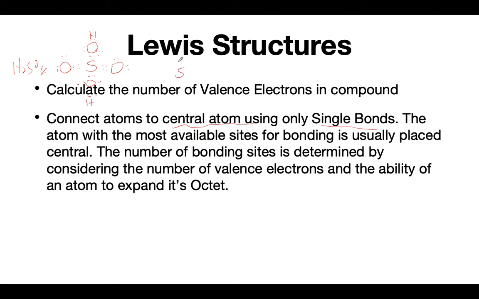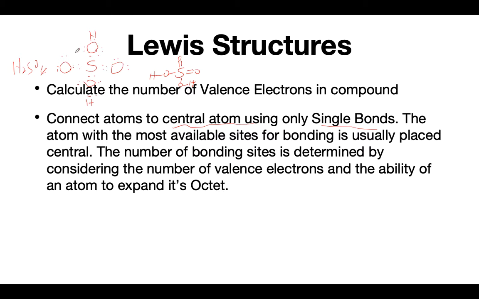So you can see here will be the double bond, single bond, single bond, single bond, single bond. You can connect them like this. Some will be single bonds, some will be double bonds, right? In this case, you can see the ability of an atom to expand its octet.